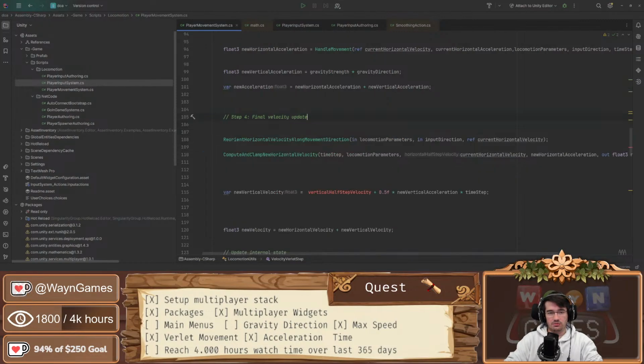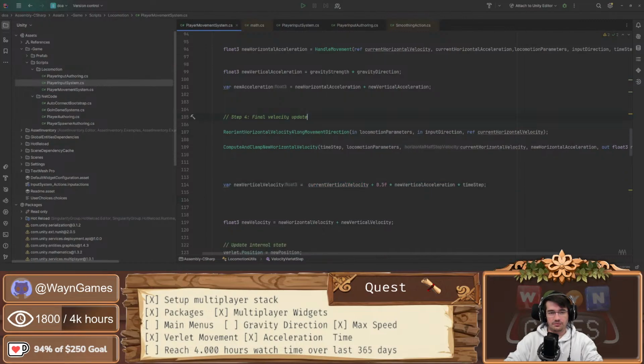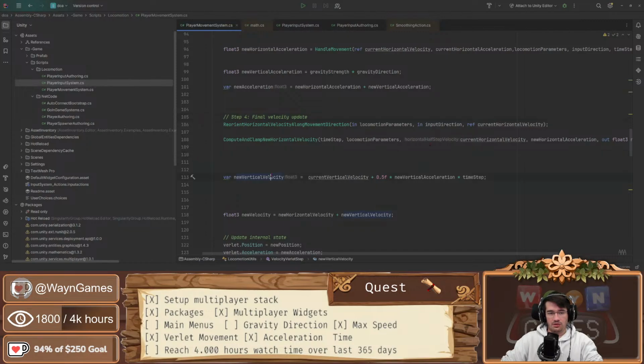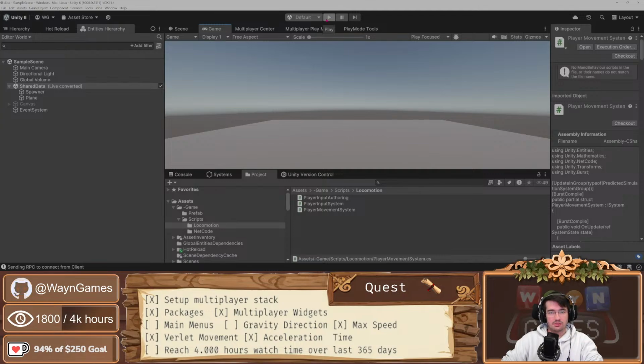So I don't need to do these. Okay, and the new vertical velocity. Okay. That seems to be simplifying the code a bit, if it works.